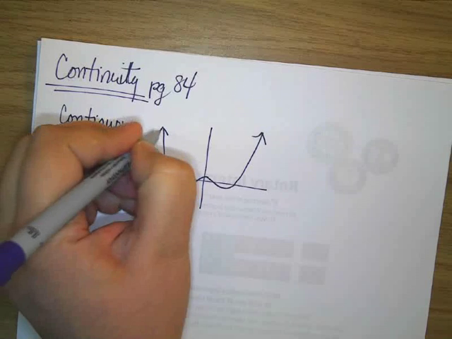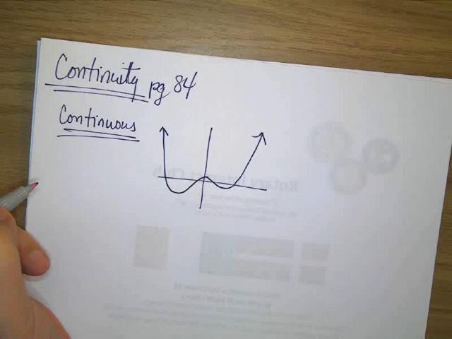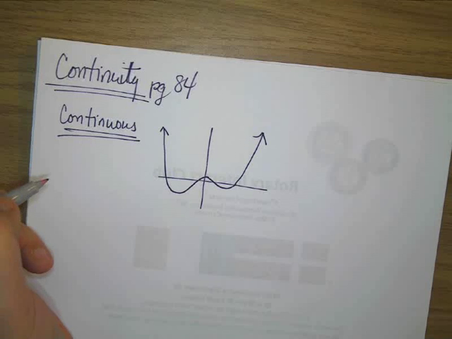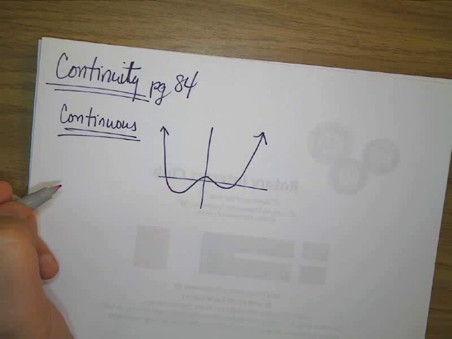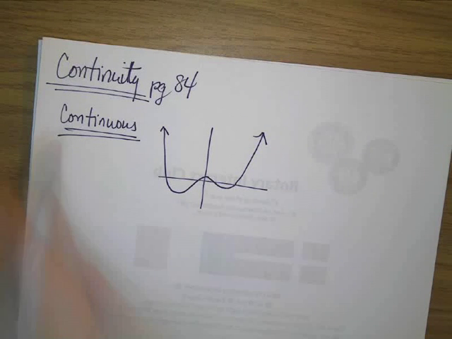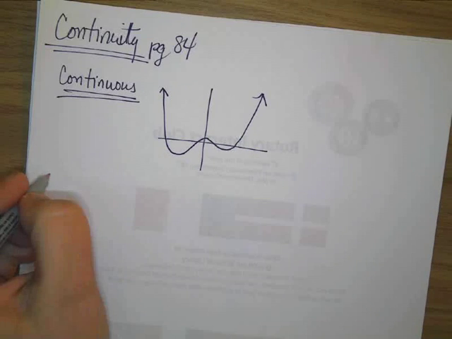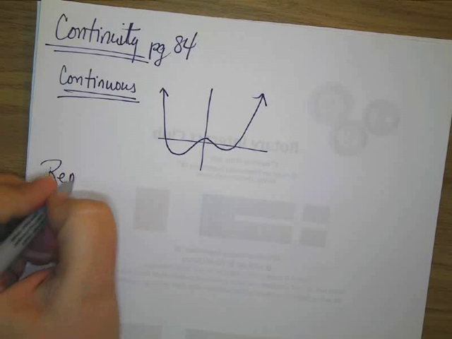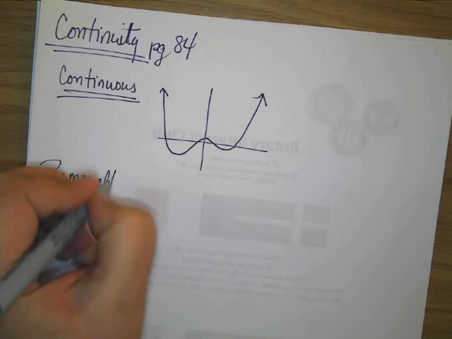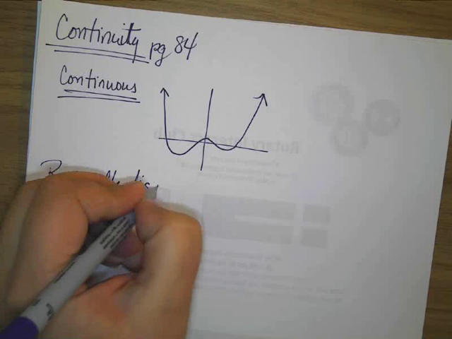So that would look something like this. Most of the graphs we use in here are continuous, but some are not. Some have holes in them. And we call that a removable discontinuity.